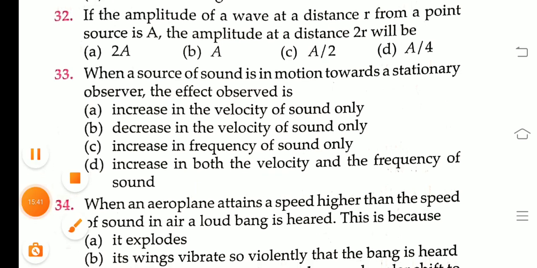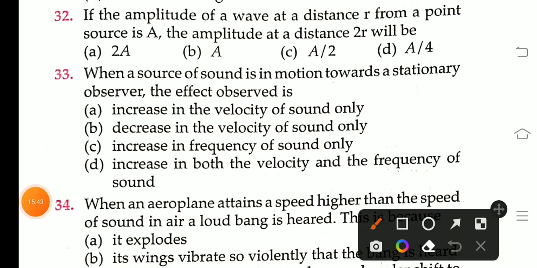Next, if the amplitude of a wave at a distance r from a point source is a, the amplitude at a distance 2r will be. Right answer will be option C. A by 2.